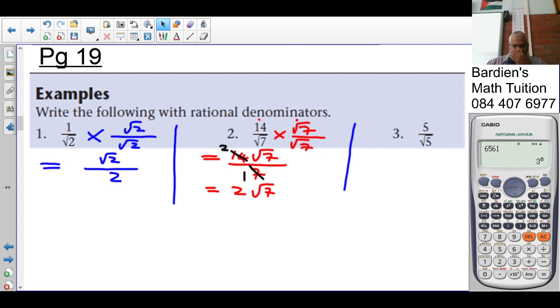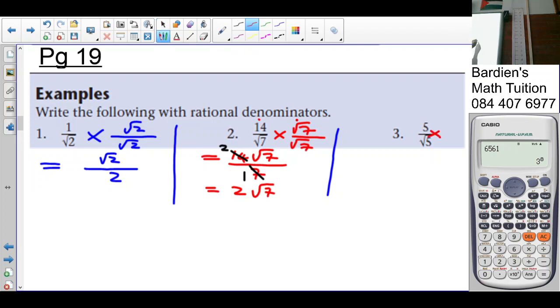Are you guys finished? Should be done now, no? Right. So what are we going to multiply this number by? Root 5 over root 5.